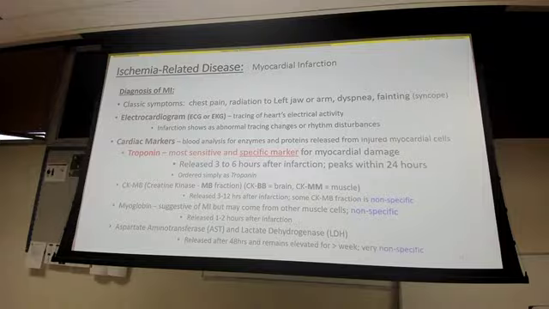CK-MB is really specific actually for the heart, but CK-MB is also found in skeletal muscle. So if you have an elevation of that, you don't really know if it's from the heart. Most likely it is, especially if they're coming in for chest pain, but you can't be for certain. That troponin, if that one's elevated, you can be for certain there's some type of heart damage going on there.